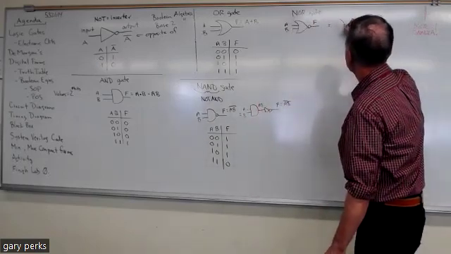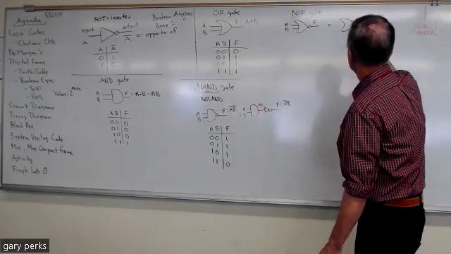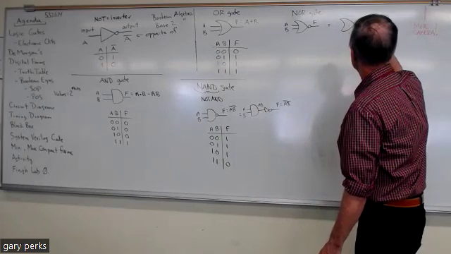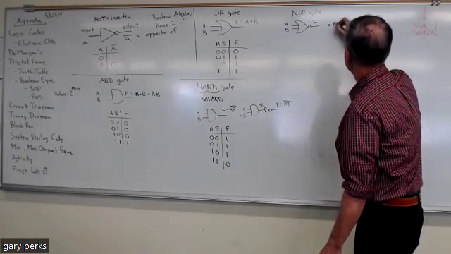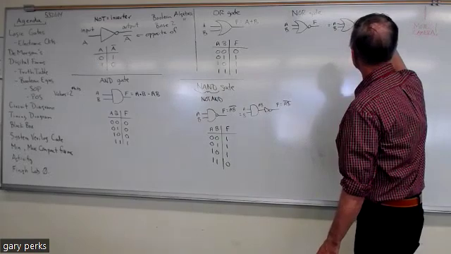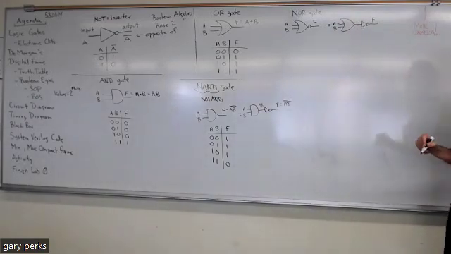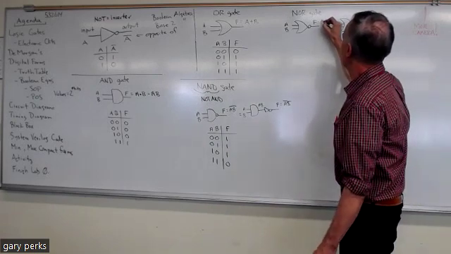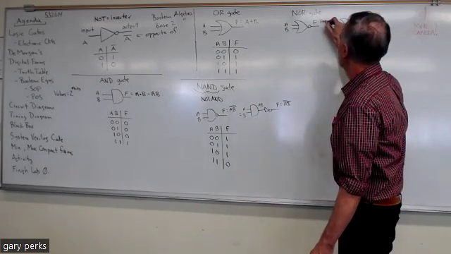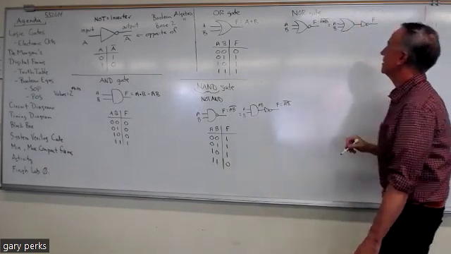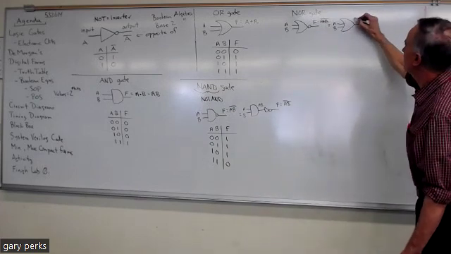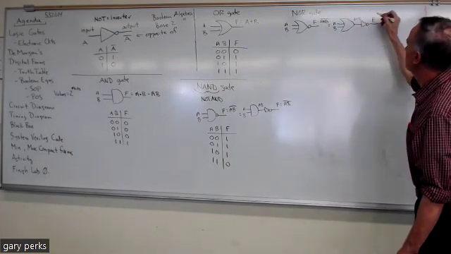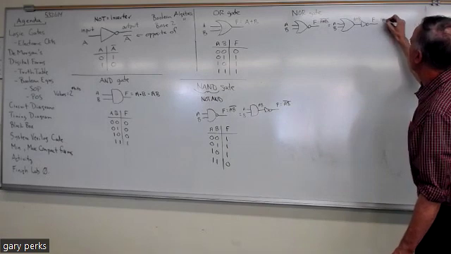Equivalent to an OR gate with an inverted output. An expression for a NOR is that your inputs are ORed together and then the whole thing is NOTed. So you have like A or B here. And here you're going to have the NOT.